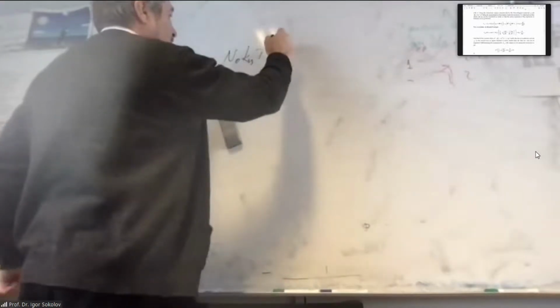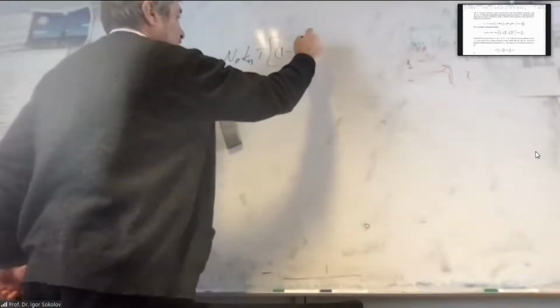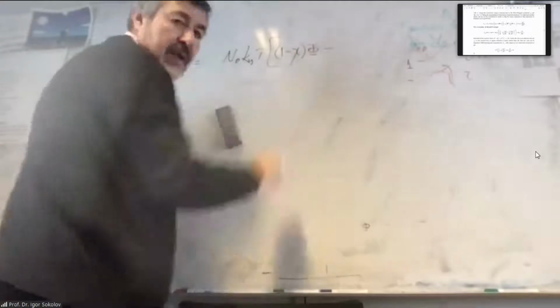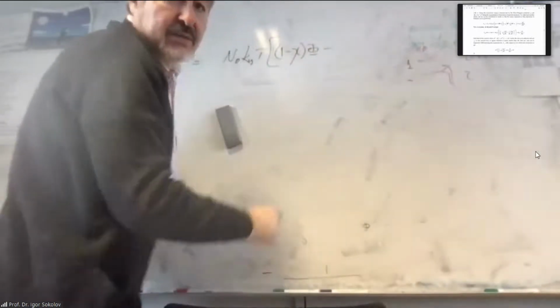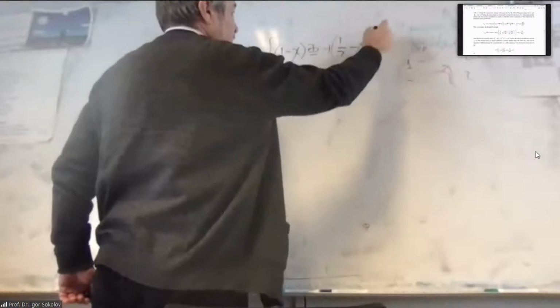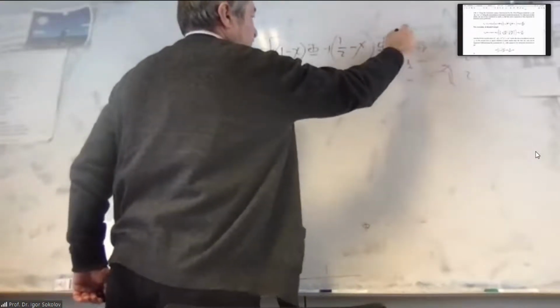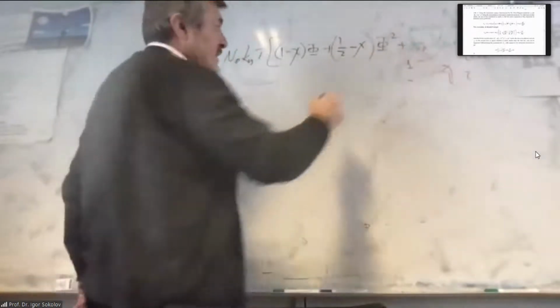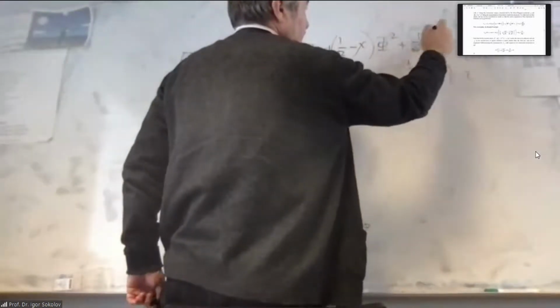Then I have plus 1/2 minus chi, phi squared, plus 1/6 phi cubed, plus and so on.